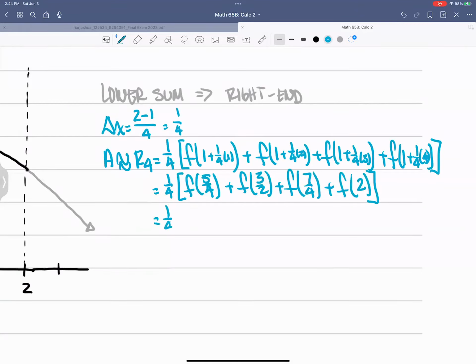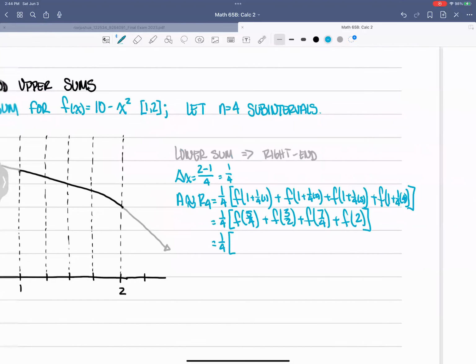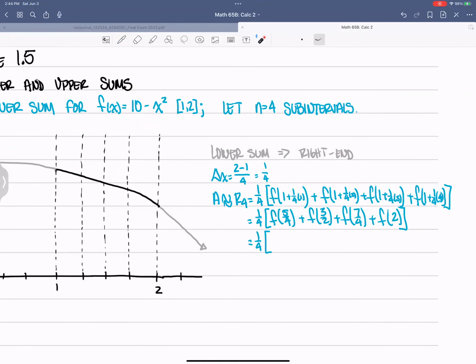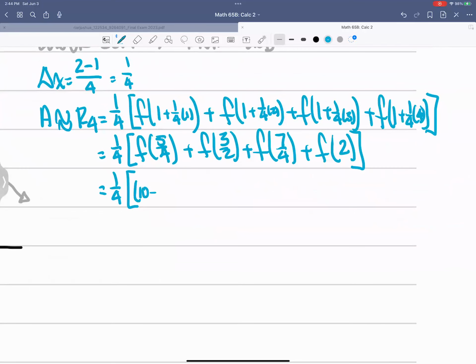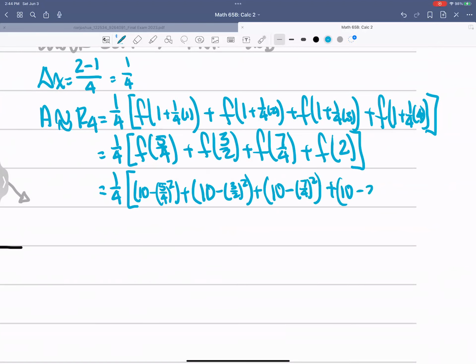And now evaluating that. f is a little more complicated than the previous one, but we can still do it. So 10 minus x squared. Here we have 10 minus 5 over 4 squared, plus 10 minus 3 over 2 squared, plus 10 minus 7 over 4 squared, plus 10 minus 2 squared.